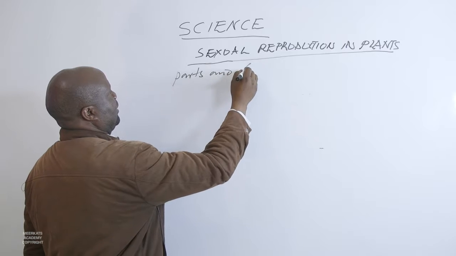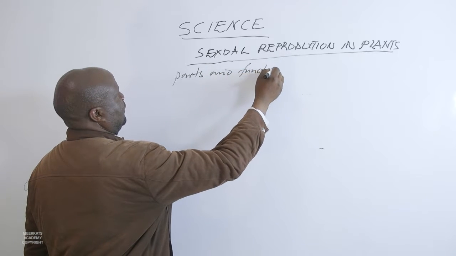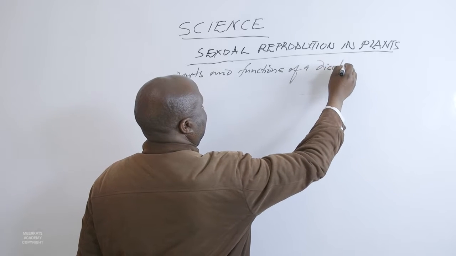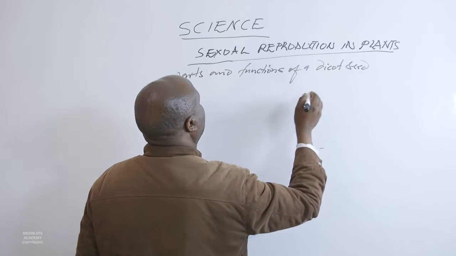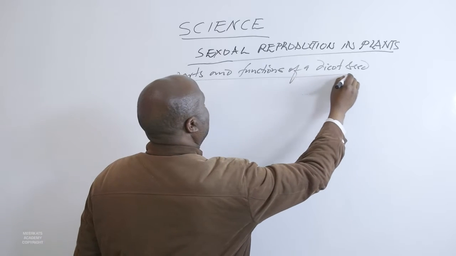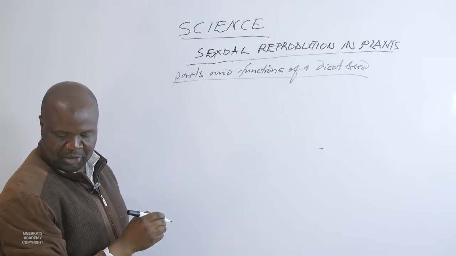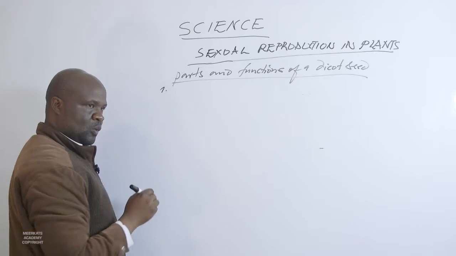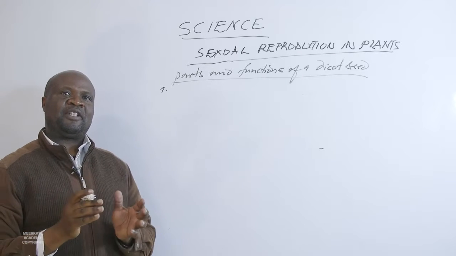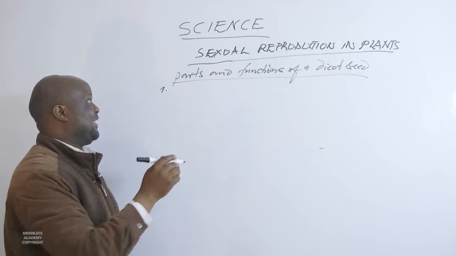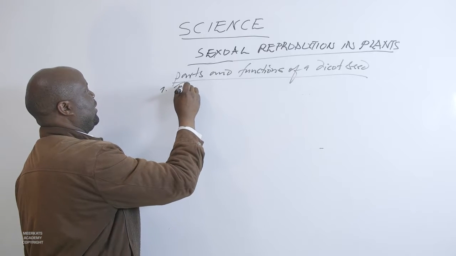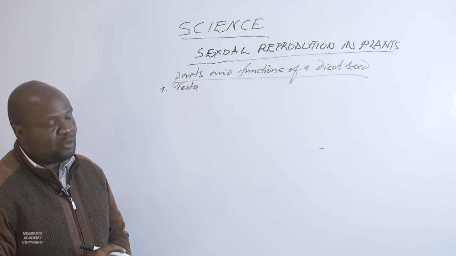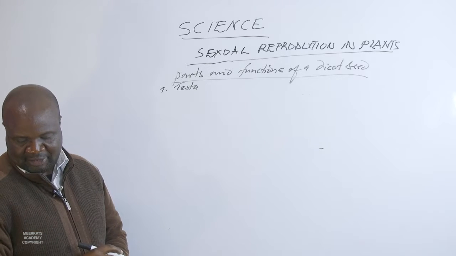Parts and functions of a dicot seed. So if we remember the parts, we can start with the first part, which we are calling the testa, those who can remember. And we want to know what is the function of the testa.